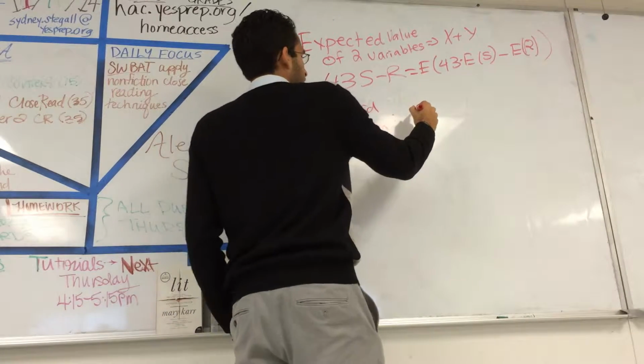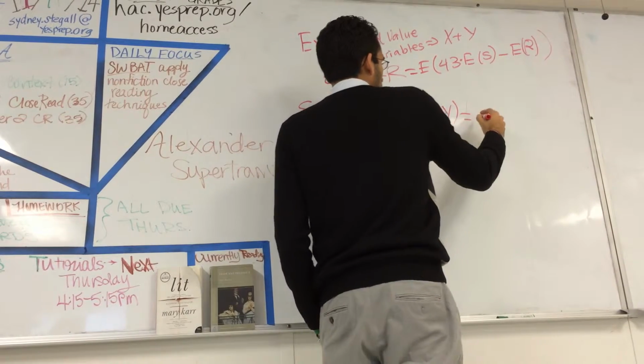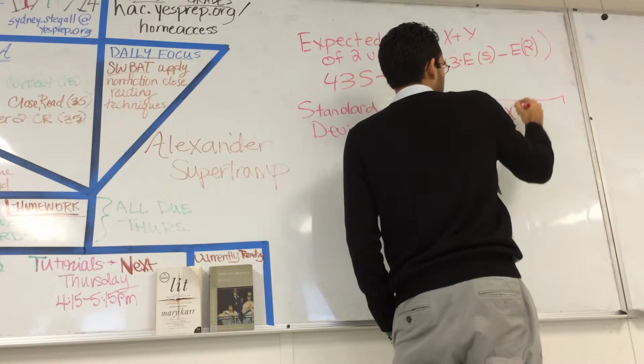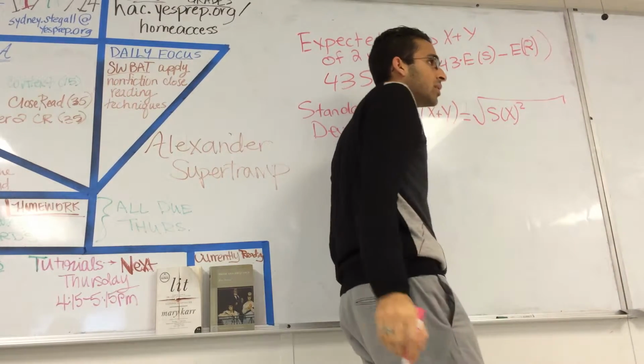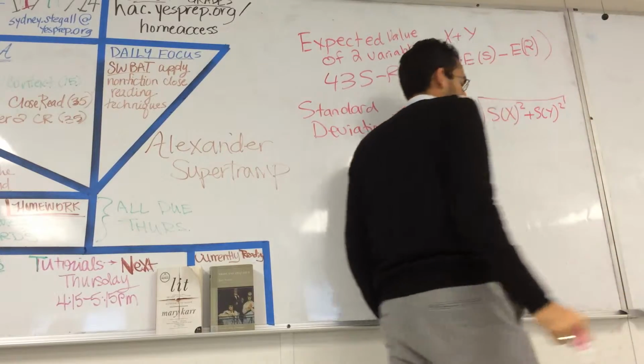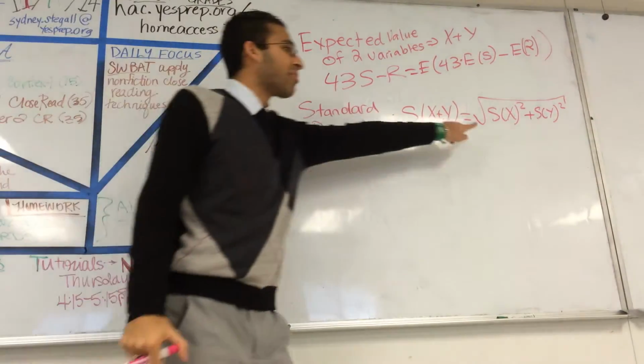So, the standard deviation of x plus y equals the square root of the standard deviation of x squared plus standard deviation of y squared. And again, most people have this.